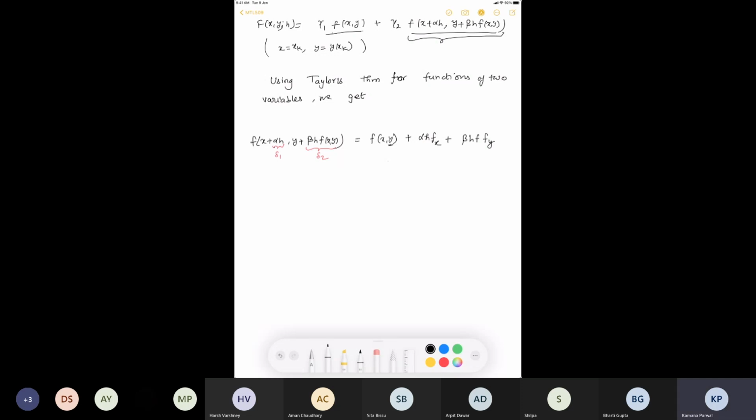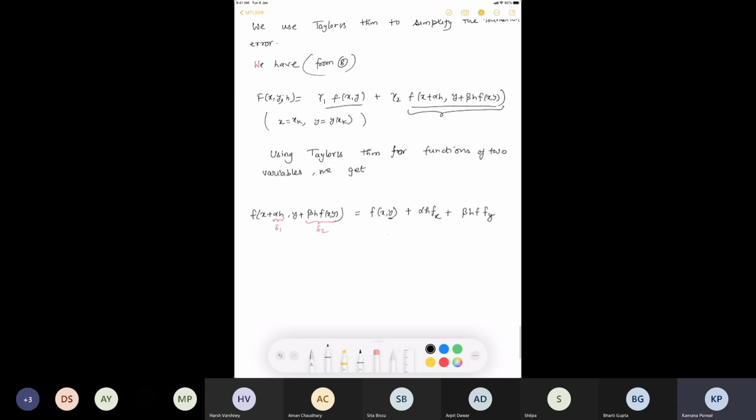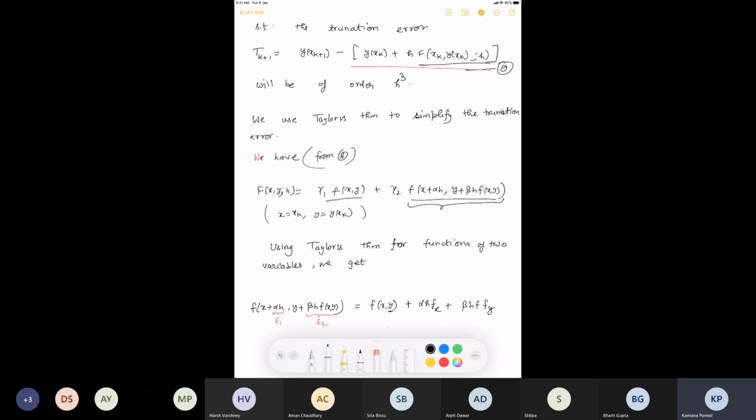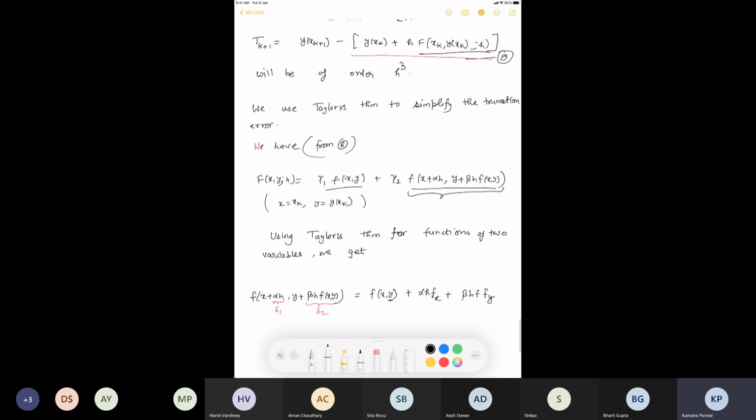Okay, now you have to tell me where I have to stop in this expansion. We want our truncation error to be of order h cube. It is a predefined thing now that I want the error to be of h cube. So can you tell me till what point I should expand this Taylor series?